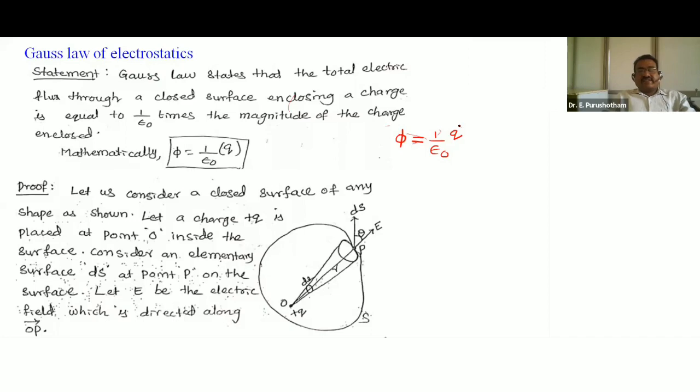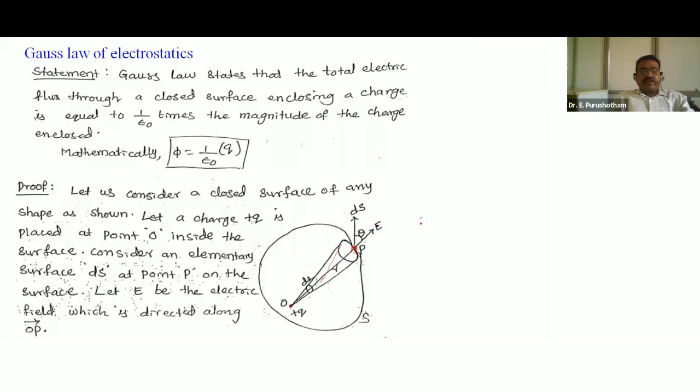Proof. Let us consider a closed surface of any shape. Let us take a charge plus q placed at a point O. From point O, at a small distance r, let us take another point P. At point P, let us take an elemental surface ds.